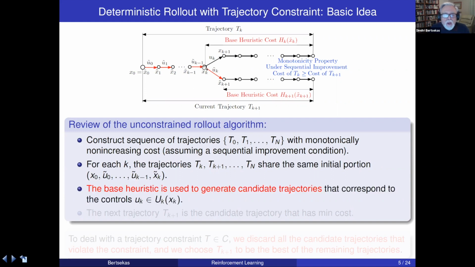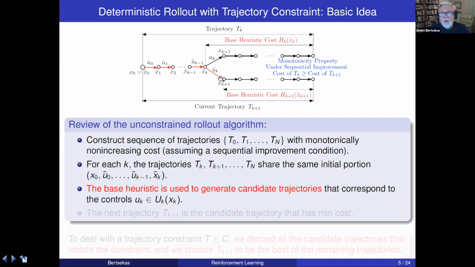And now we look at all possible next controls, and we run the base heuristic to generate candidate trajectories, which correspond to the different controls that you can apply. So at x tilde k, we have this trajectory Tk, which is the cost, which involves this initial portion plus the remainder that's completed with the base heuristic.